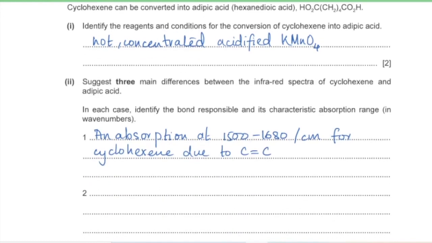Now second is that adipic acid has C=O double bond, which cyclohexene doesn't. So due to C=O double bond, we are going to have another absorption. So we can write that due to C=O double bond, an absorption at 1640 to 1750 per centimeter for adipic acid.